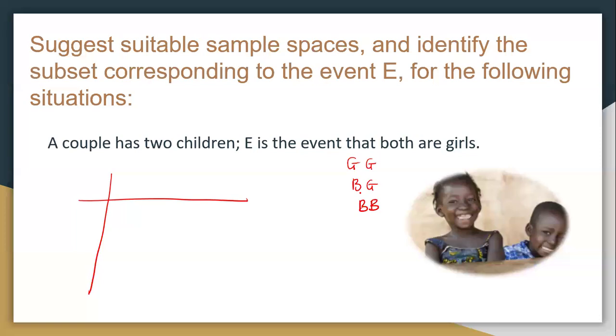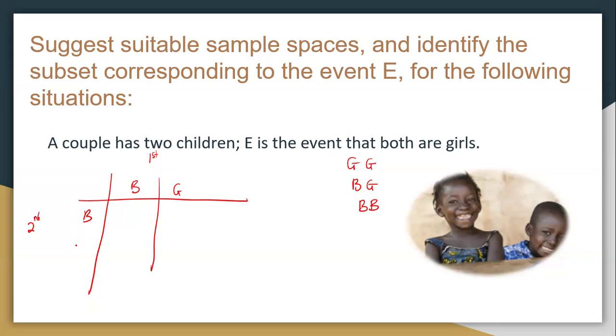Okay, now here we are going to have it like this, that this is our boy and this is our girl. So this is the first time the mother gives birth. Then this is the second time.